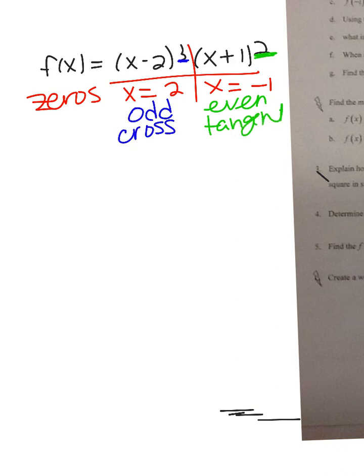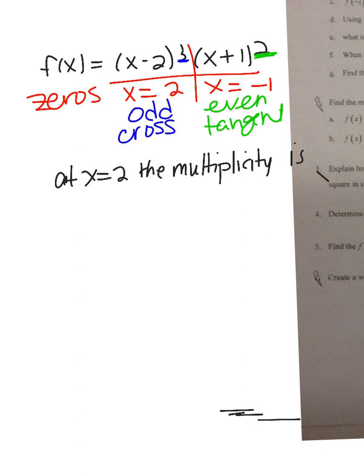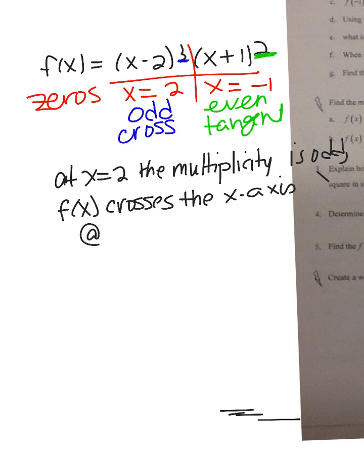So what we would write is at x equals 2, the multiplicity is odd. F of x crosses the x-axis at x equals 2. And now you have to do the even.